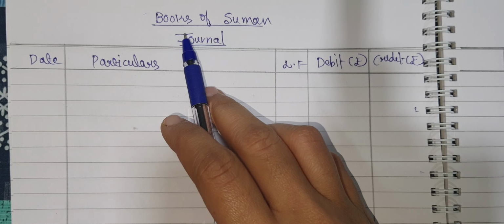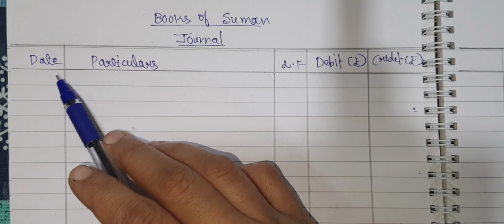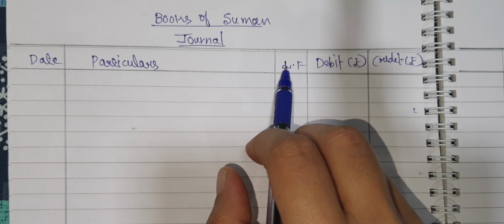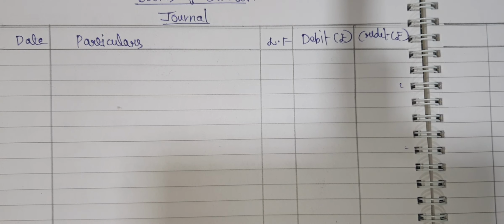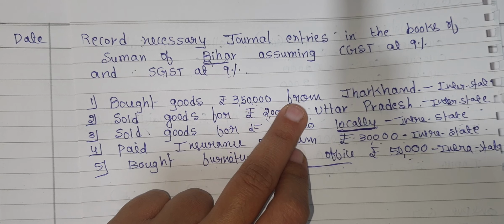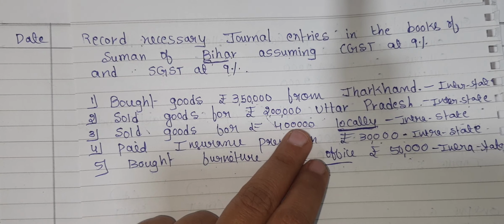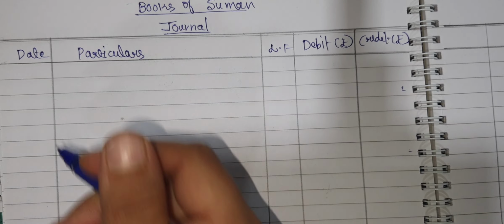See here, this is the format of the journal, books of Suman, journal, date, particulars, ledger folio, debit amount and credit amount. Our first transaction is bought goods rupees 3,50,000 from Jharkhand. This transaction falls under interstate. So now what is the journal entry?